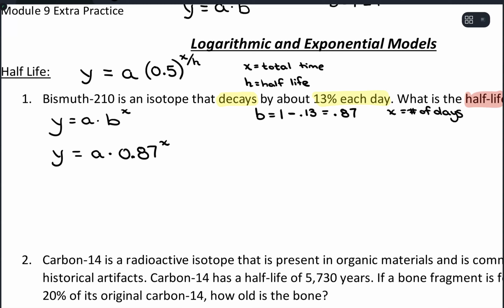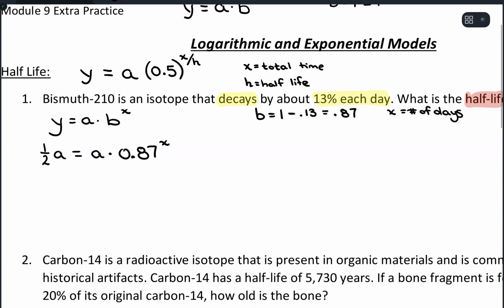So let's say we're starting with an initial value of a, and y is calculating the amount that we have at the end of this time period. If we want half of what we started with, then we could substitute in for y. We could plug in 1/2 of a. So 1/2 of a equals a times 0.87 to the power of x.